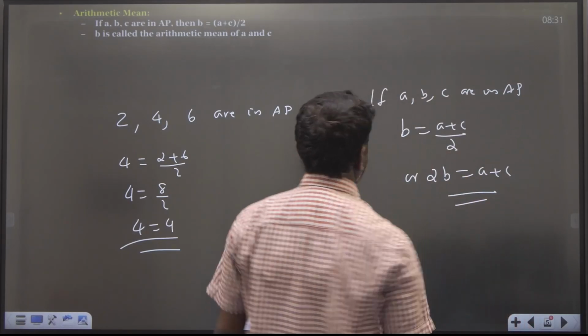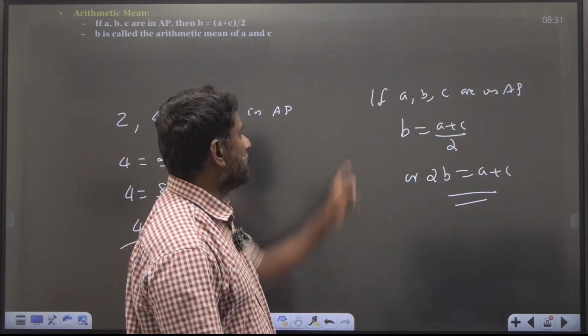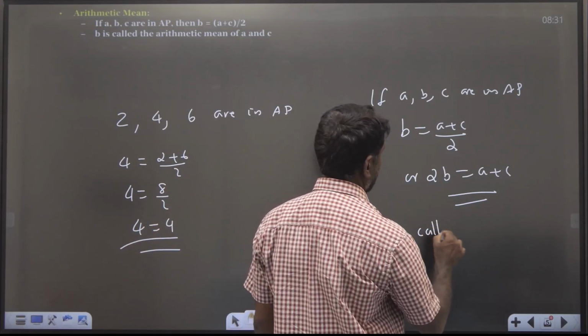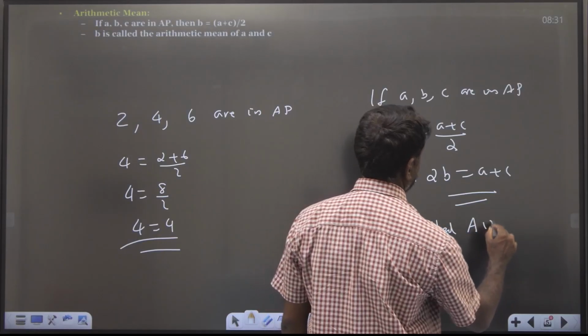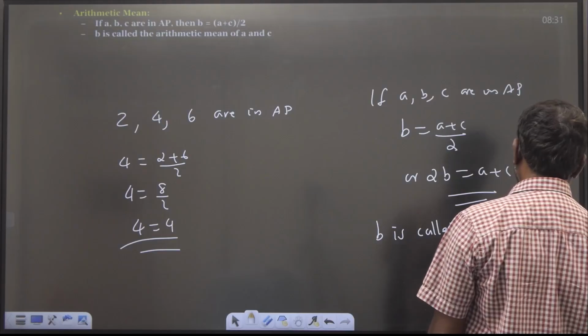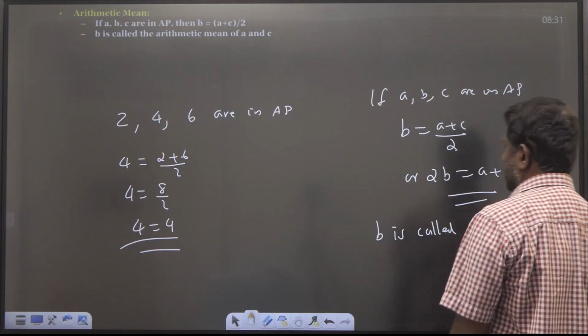B is called the arithmetic mean of A and C, the extreme terms.